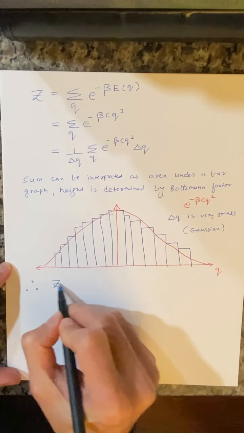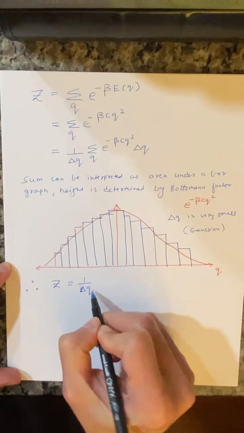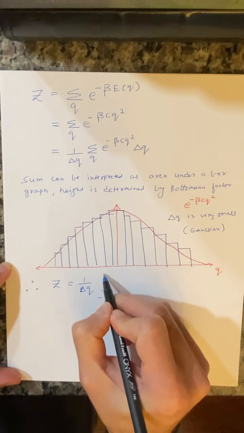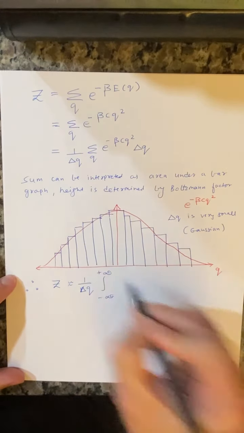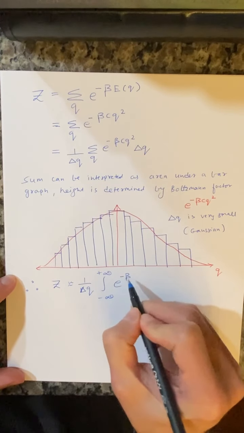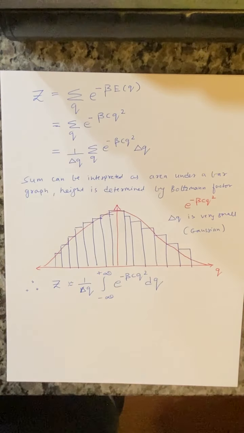Therefore, I can now say Z is going to be approximately equal to 1 over delta Q, times this term, integrating from minus infinity to infinity, all the states in this case, e raised to minus beta C Q square dQ. Solving this integral, I would say it's a one-step process as long as you make a good, clear assumption here.